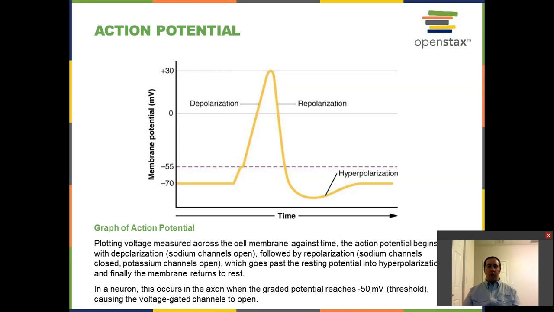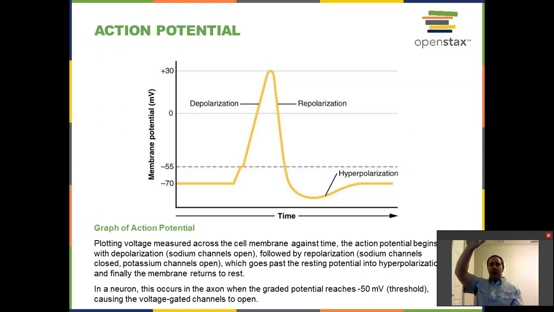When we hit threshold, the voltage-gated channels pop open, and our voltage spikes big time. We see that in our graph here. We call this depolarization, and we shoot up all the way to positive 30. We start at negative 70, slowly increase to negative 55, and then quickly increase to positive 30.